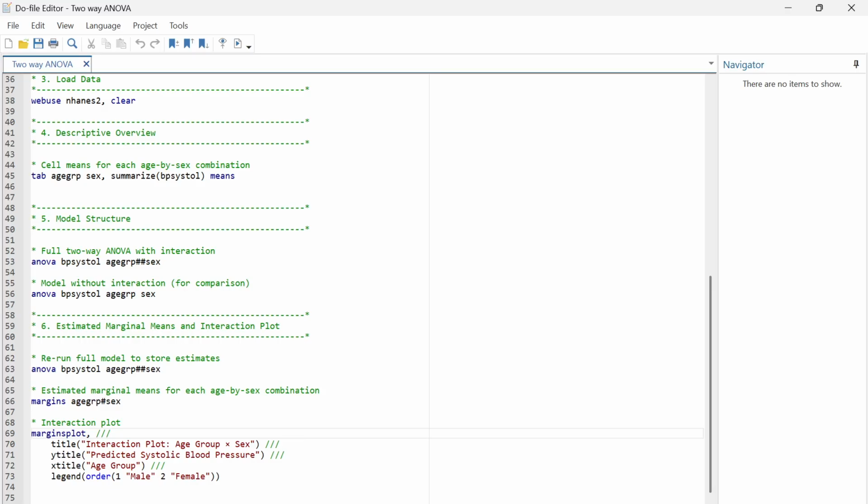In this tutorial, I'm going to talk about estimated marginal means and interaction plots. Those are the post hoc tests after two-way ANOVA analysis. In my previous tutorial, I showed you that there are significant interaction effects of age group and sex on systolic blood pressure.